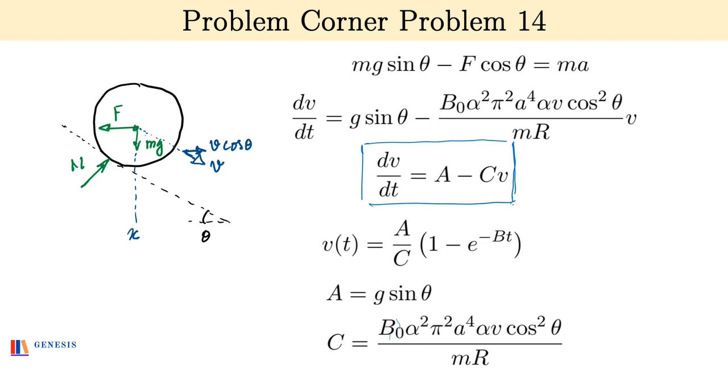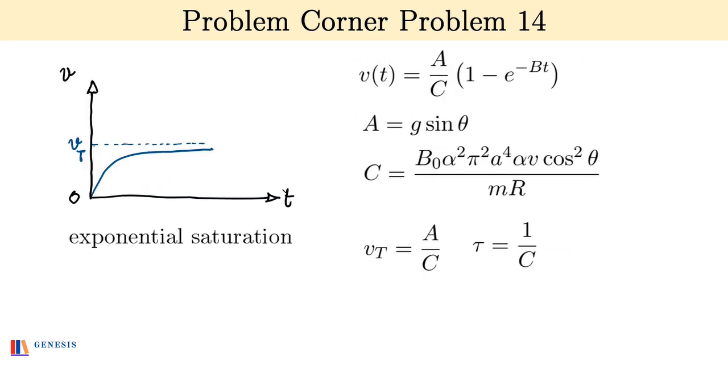Now, importantly, we understand that this is essentially an exponential saturation with a terminal velocity vt, which is a by c, and that saturation goes with a time constant 1 by c. If you don't understand what is time constant or this concept of terminal velocity, I would suggest that you read through charging of capacitors and then come back, and you'll understand this.